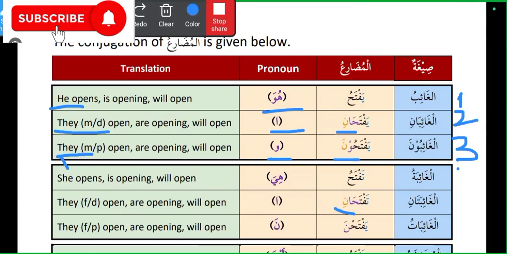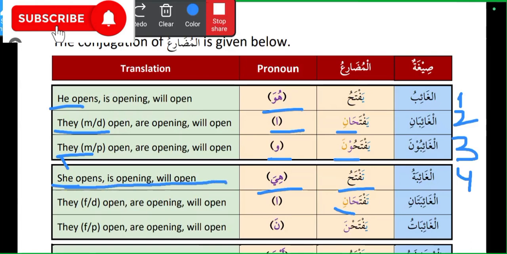Then we move on to number 4, which is al-ghaibah. The word here is taftahu, which means she opens, or she is opening, or she will open. All three translations are correct in context.